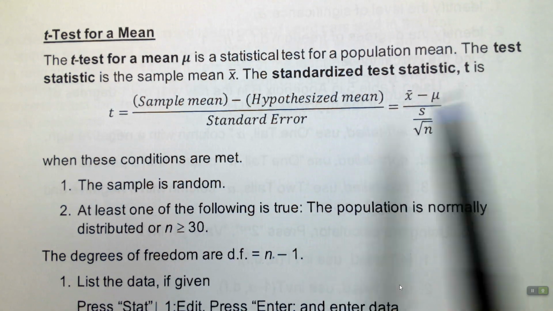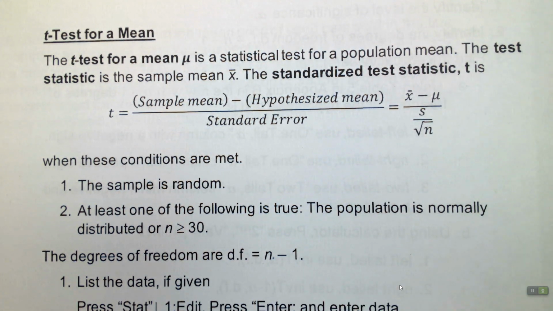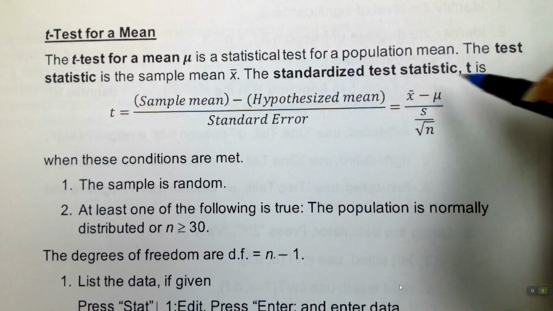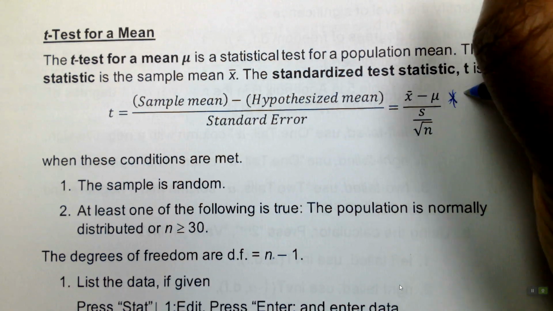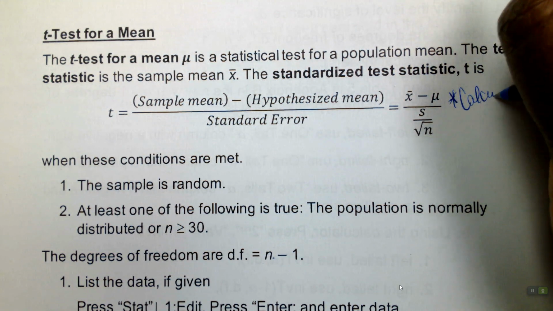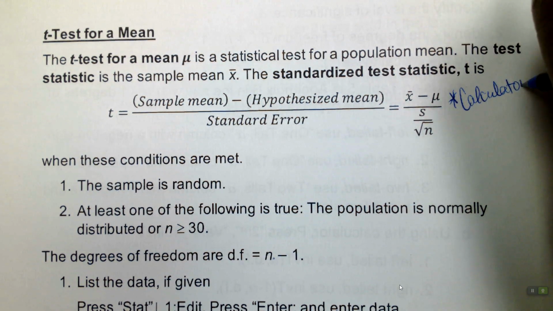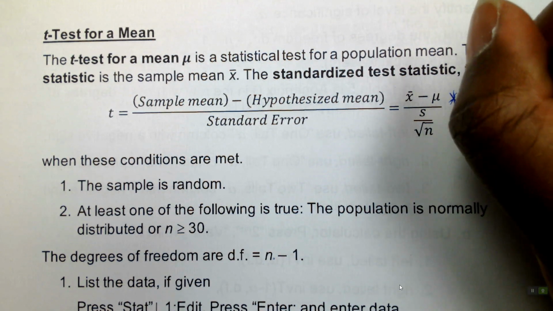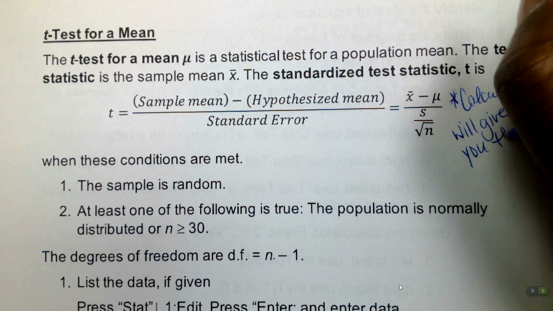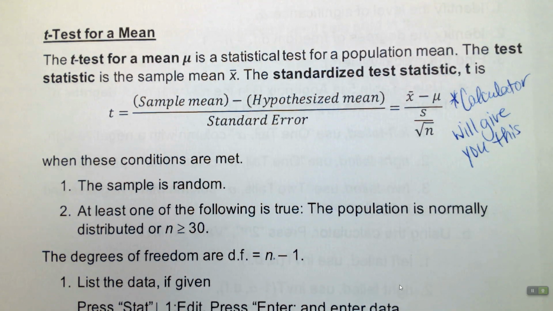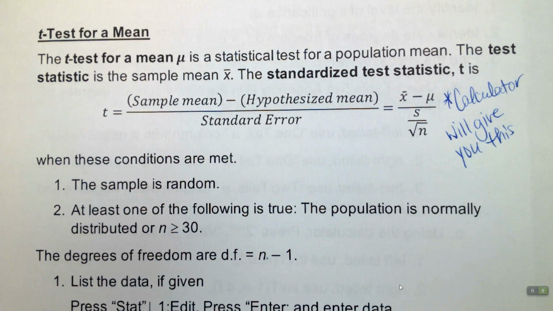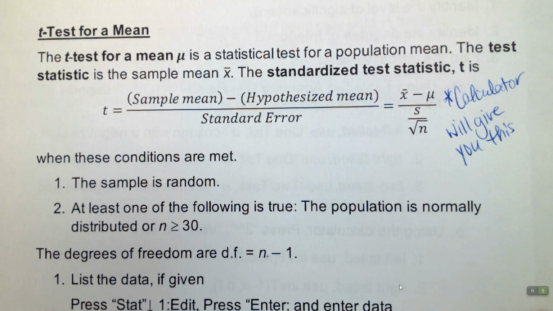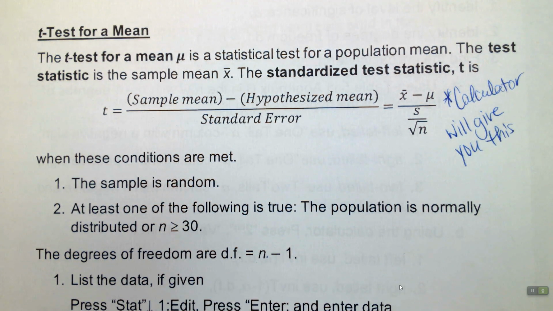The calculator will give this to you, but if you wanted to calculate it yourself, this is how you do it. I'm going to calculate this for you for the problems, for those who don't like to use the calculator.